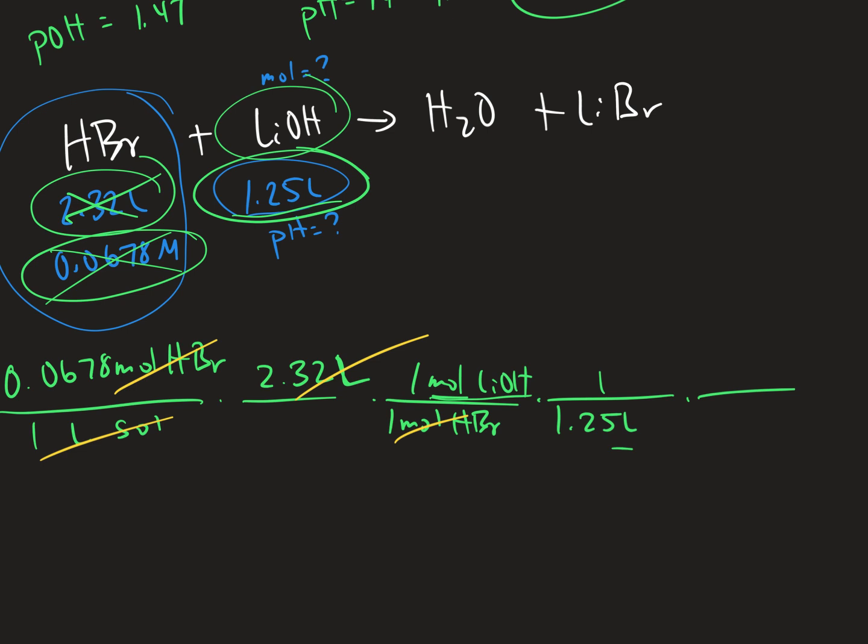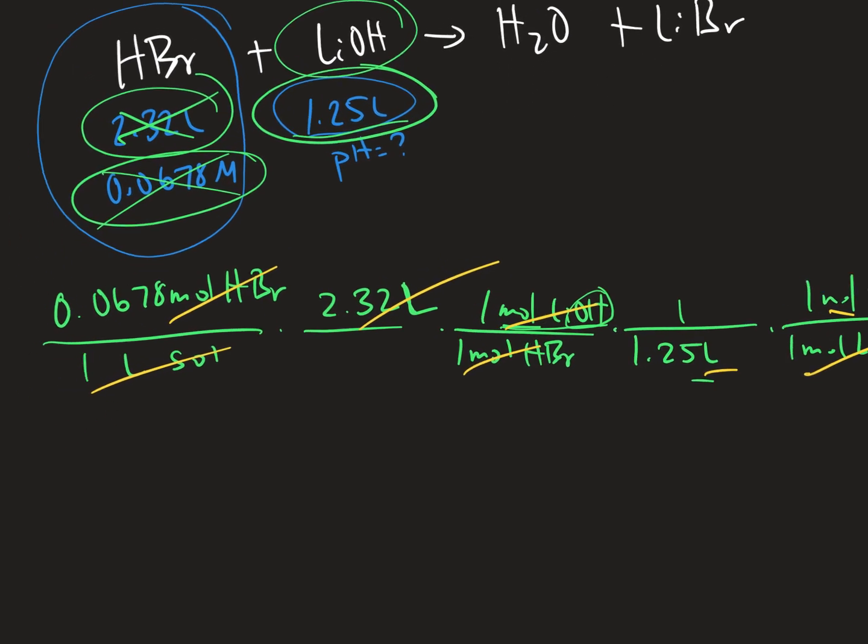And what's the mole-to-mole ratio of OH to LiOH? 1 to 1, right? So that's 1 mole of LiOH to 1 mole of OH. That goes away. And now we have moles per liter of OH concentration.